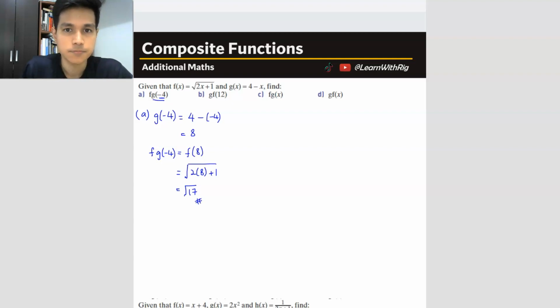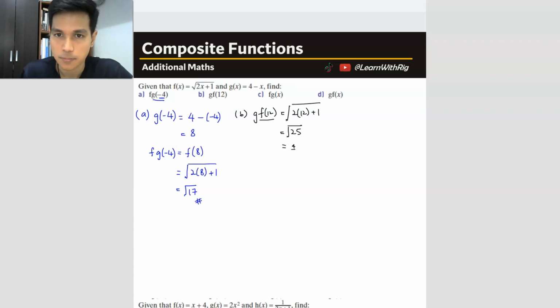Question B. gf(12). So let's see, we're going to find f(12). Where is f? Okay, 2 times 12 plus 1, so you get 24 plus 1, 25. They never give you the domain, so it can be plus or minus 5.